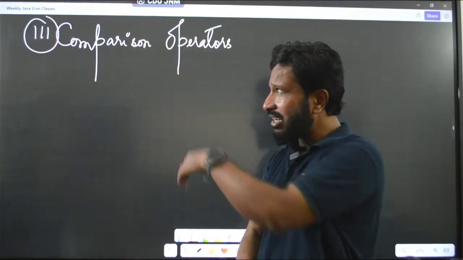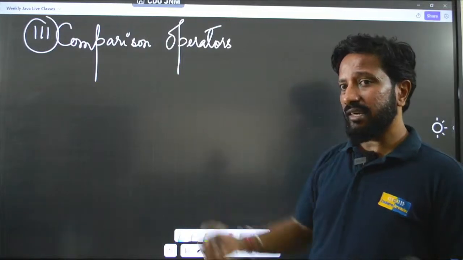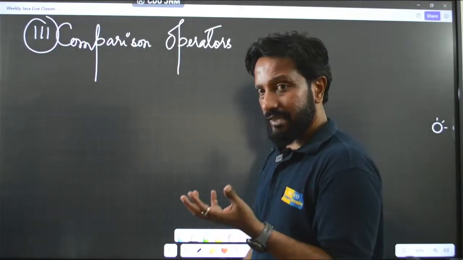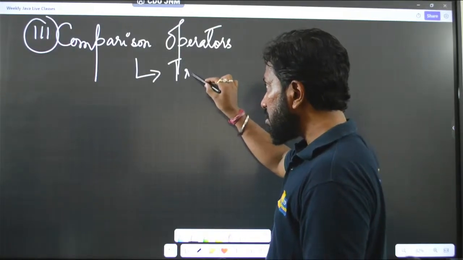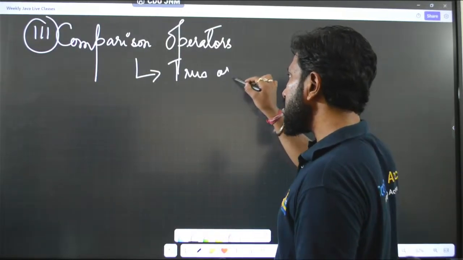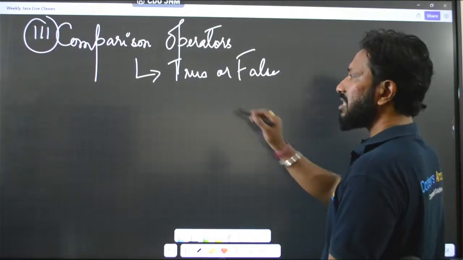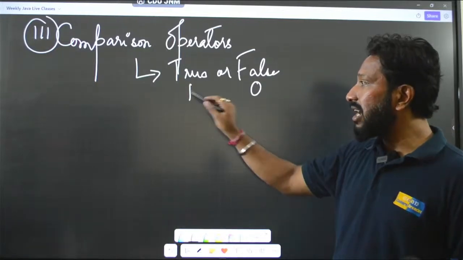Obviously, by looking at the name only, you can say that something will be compared to something. Correct? So when you compare something in programming, what should be the result? Please remember, the result is either true or false. Clear? That means in programming, true is called 1, false is called 0. It will be either 1 or 0.